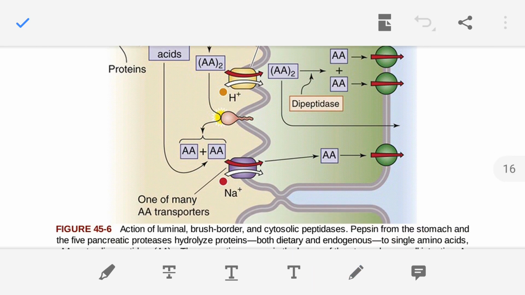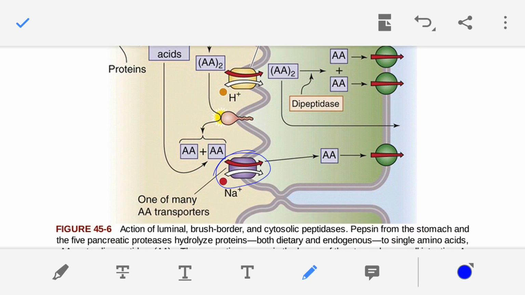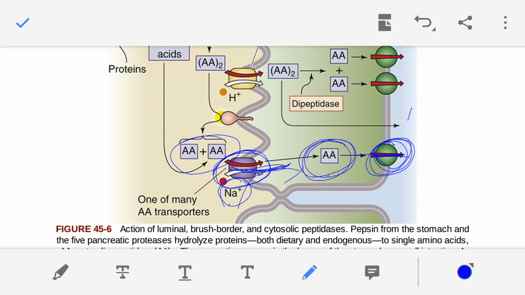Okay, and this is the sodium amino acid co-transporter, and this transporter is transporting Na plus ion, along with this amino acid are also rushing in. Due to the electrochemical gradient, amino acid are also entering in with the Na plus ion in the cytoplasm, and from the cytoplasm, this is the carrier protein, and this carrier protein is transporting the amino acid from cytoplasm to interstitial space.